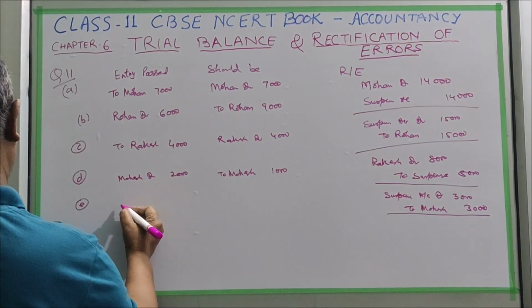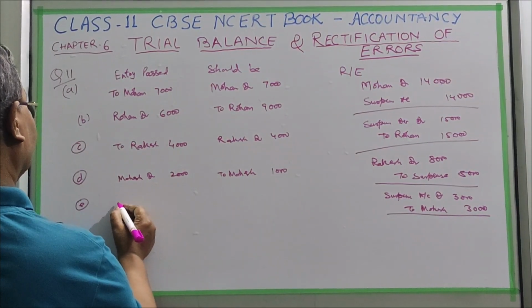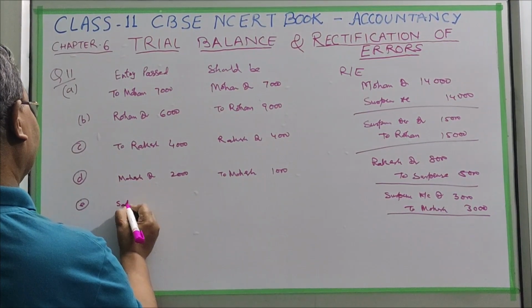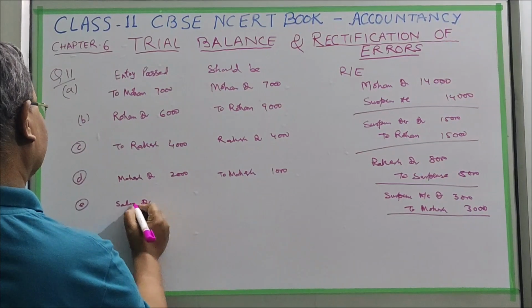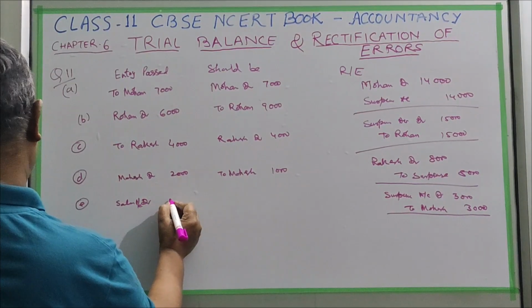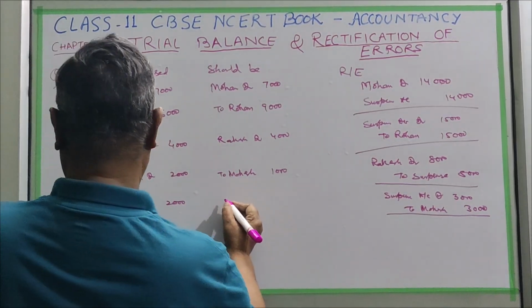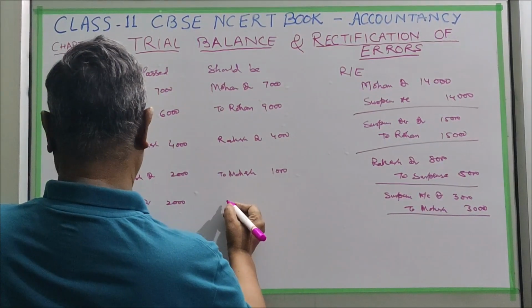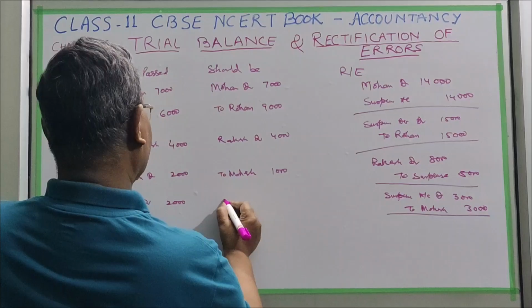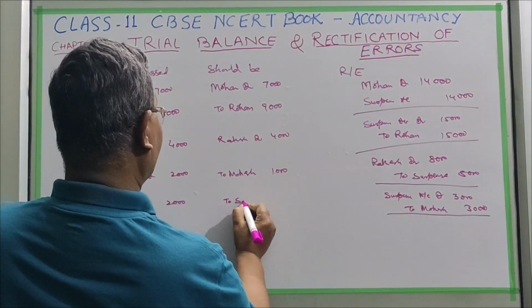Cash sales 2,000 posted to the debit of sales account. So sales you have been debited. Sales account you have a debit made of 2,000. Cash sales of 2,000. You have to make it credit to sales account.